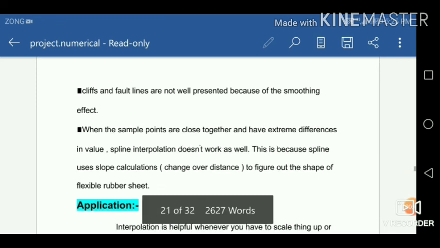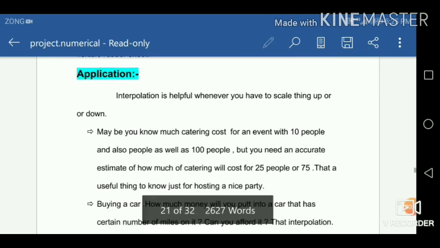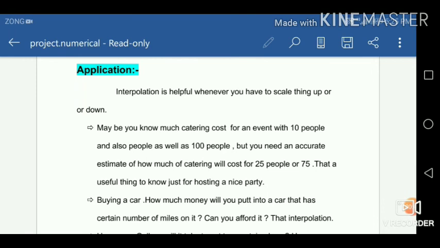This is because spline uses slope calculations, change over distance, to figure out the shape of a flexible rubber sheet. Now the applications of spline interpolation: interpolation is helpful whenever you have to scale things up or down. We interpolate the values to all aspects of things to measure.